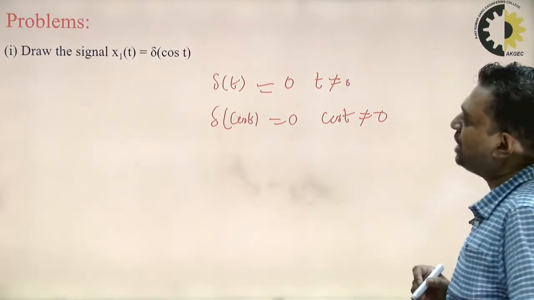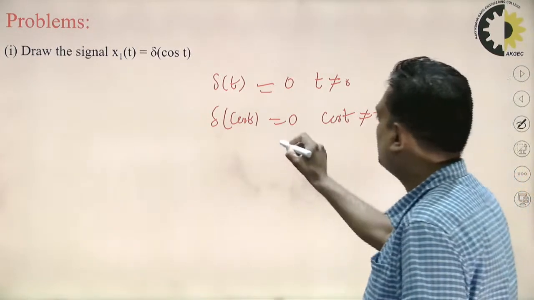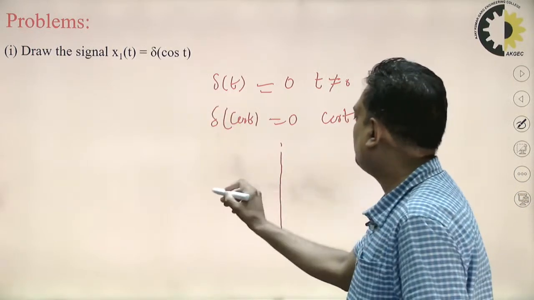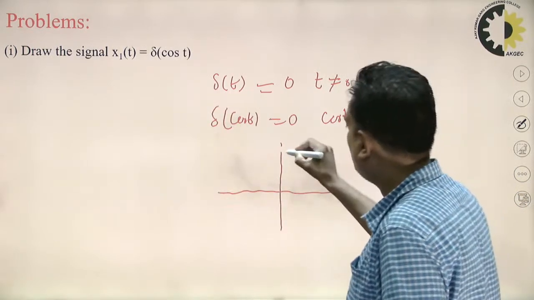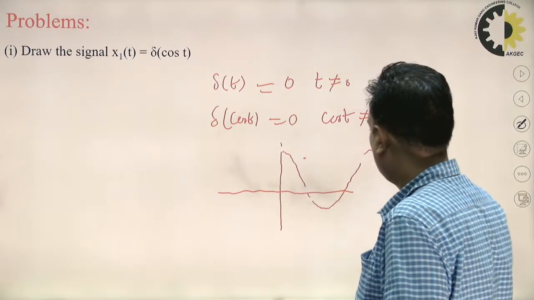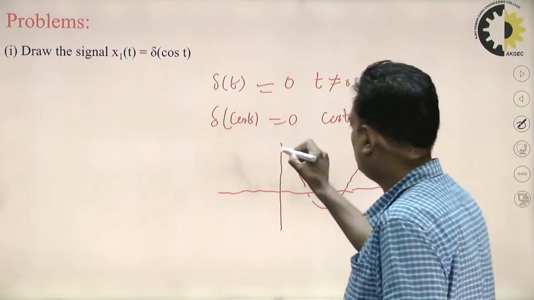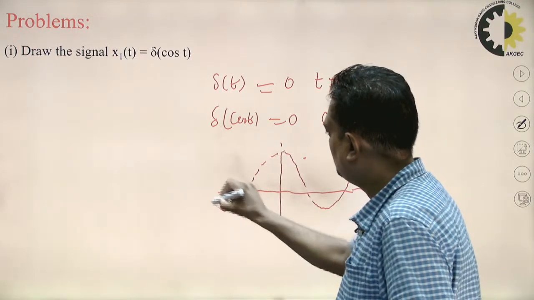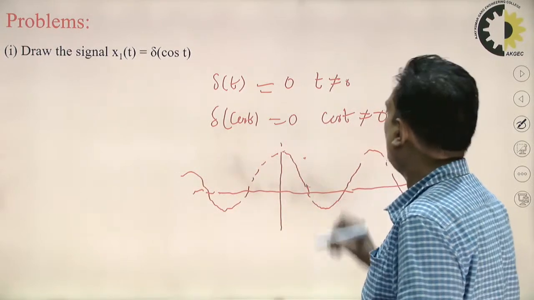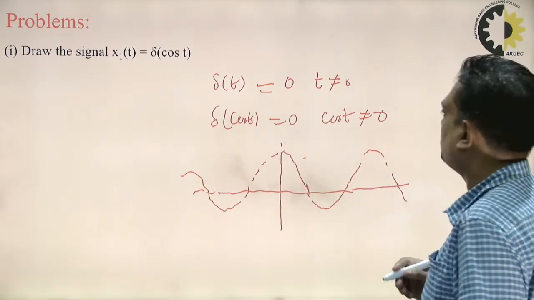So we have to draw this signal, basically our final answer in the form of delta. We will draw the cos waveform in dotted form, like this. And impulses are found where cos t is not equal to 0.